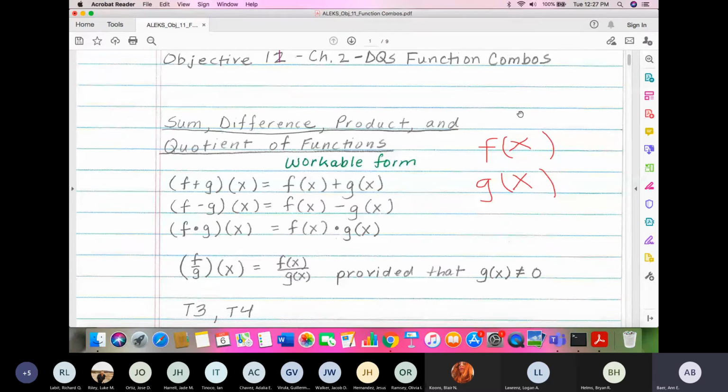But before we get going, let me just talk about this notation. What does it mean in words? This function notation here means, in words, find the y value of the f function when x is a certain number. So this f means y. This g means y.